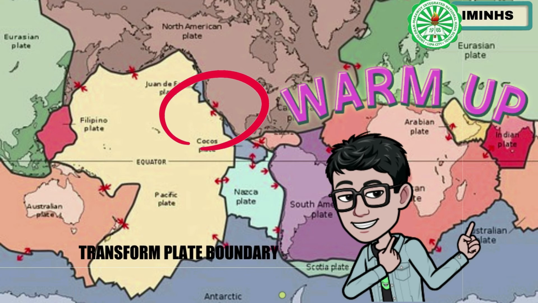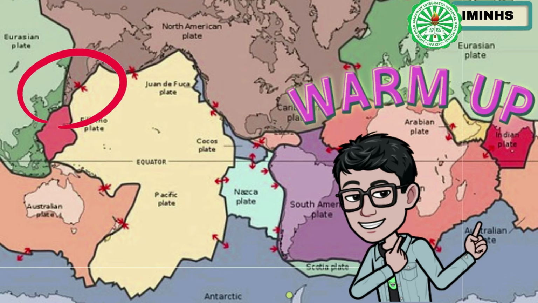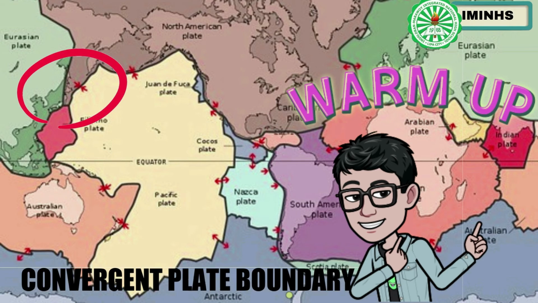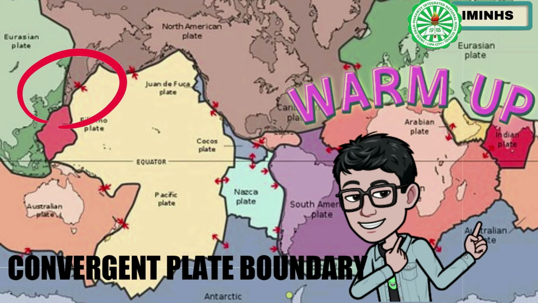Let's have the next one. Can you guess which type of plate boundary occurring between Philippine plate and Eurasian plate? You got it! It's convergent plate boundary.